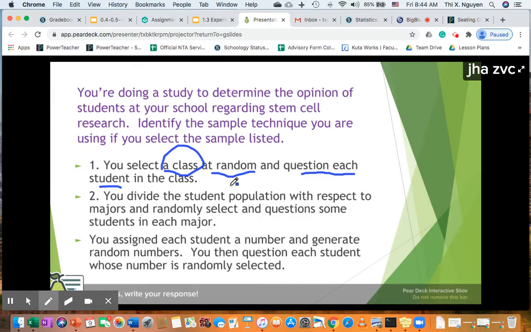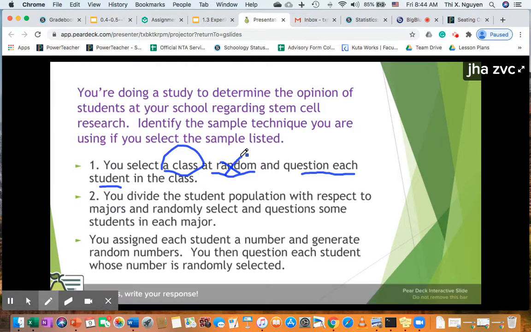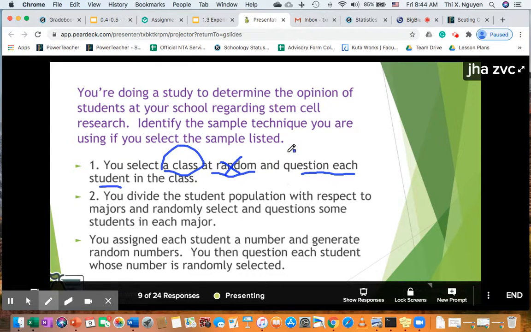So for this one it's not random, even though the word random is here, because you choose the entire class out of many other classes.